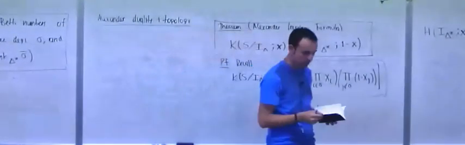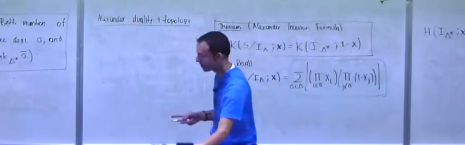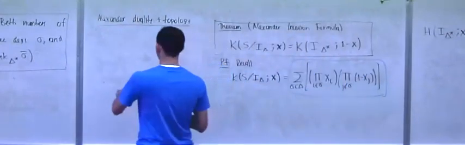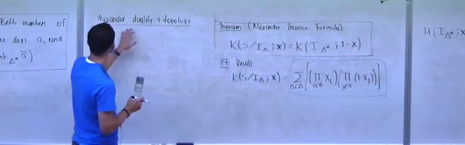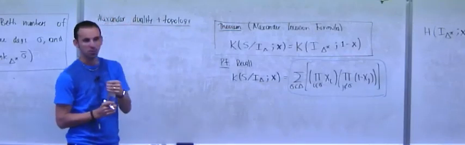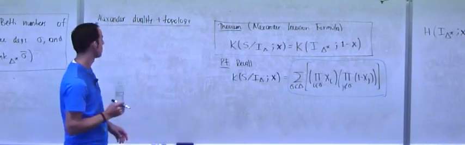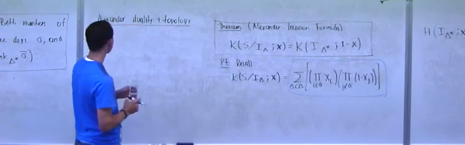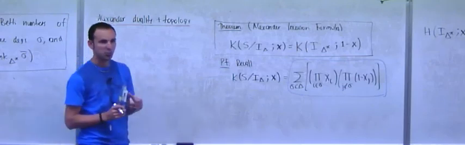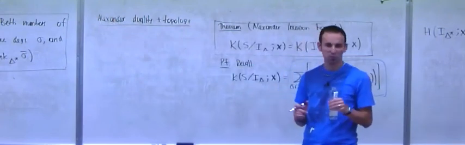Again, what's the story? The story is basically that Alexander was a topologist, not an algebraist or a combinatorialist. And actually, if you look up Alexander duality on Wikipedia, you're going to get to a topology page before you get to a combinatorics page or to an algebra page.